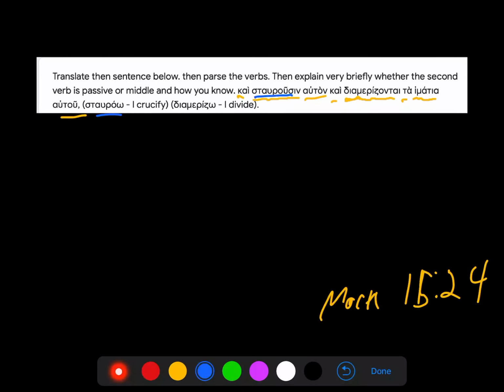Now, many of you, in your translations, put I crucify. At first I was totally baffled why you did that, and then I realized that I put I crucify here. But pay attention to the endings. Staurao is I crucify, right? And that omega ending, the o ending, is first person singular, which is I. Now, this ending here, ousin, is it first person singular? Absolutely not.